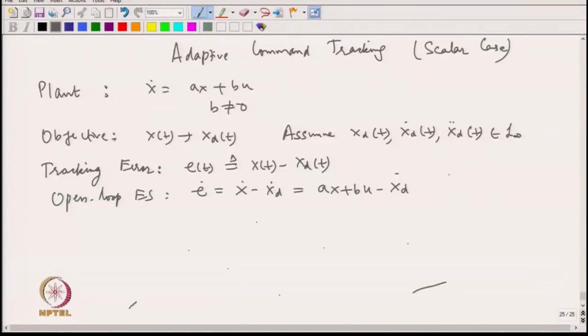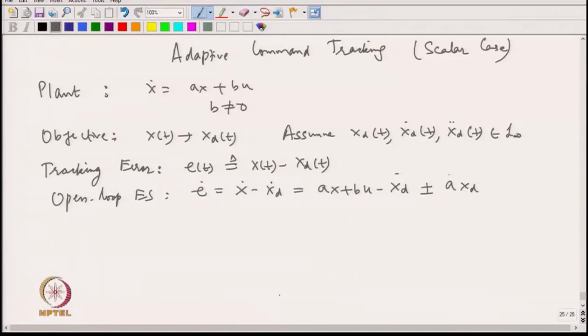Just for my ease of analysis, what I do here is I add and subtract the term A x_d. What it does is it converts the error system into a form which is similar to what we had obtained before.